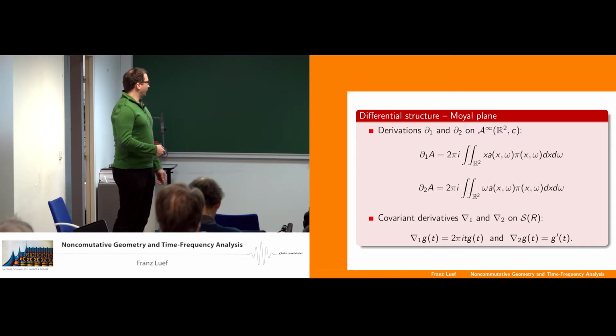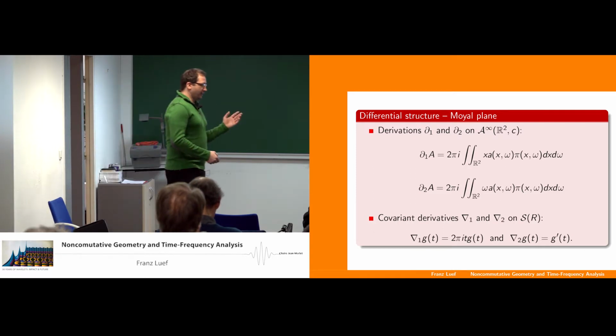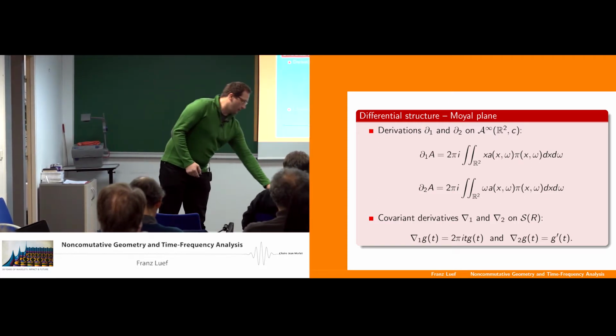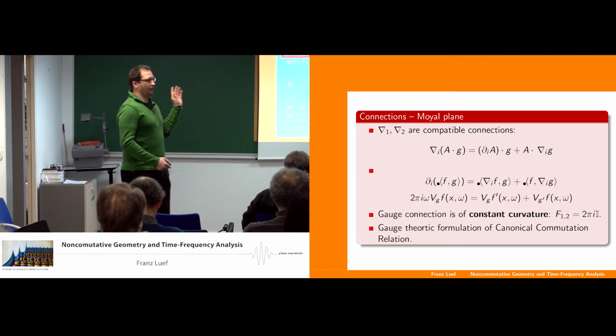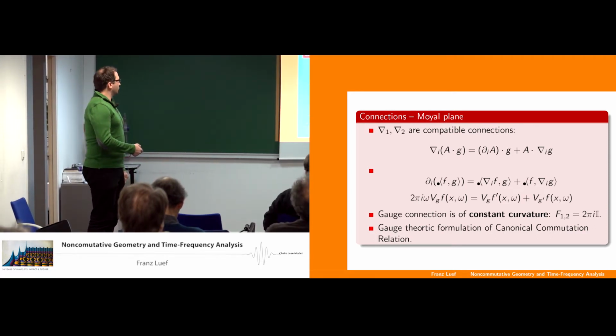Then you can show, if you take the standard representation, the standard operators that you get for the canonical commutation relations, like multiplying with 2 pi i t and taking derivatives, that this actually defines connections if you view the Schwartz space as a line bundle over the Moyal plane. So you can really check that it's really trivial.